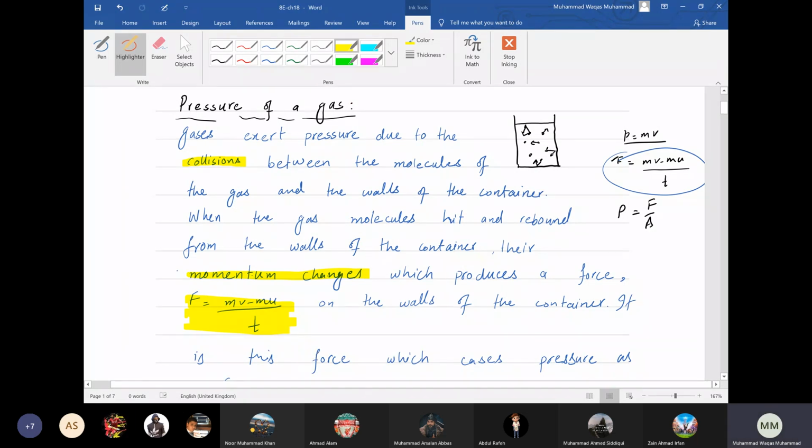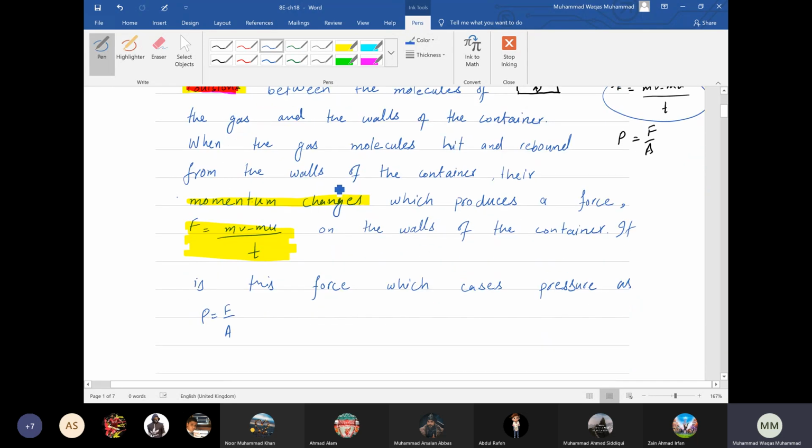Now beta, a very important point to understand. Gases exert pressure due to the collision between the gas molecules and the walls of the container, right?